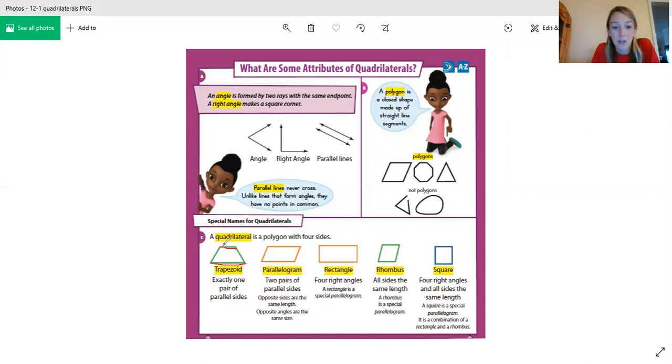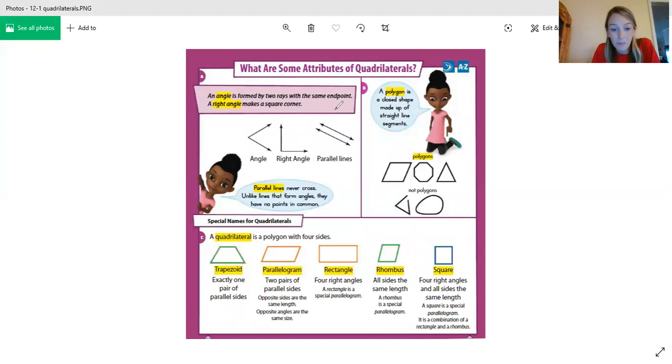Because if these lines were to keep going and going and going and going, they would never touch. But these lines on the side are not parallel, because if this one were to keep going and this one were to keep going, they eventually would cross.